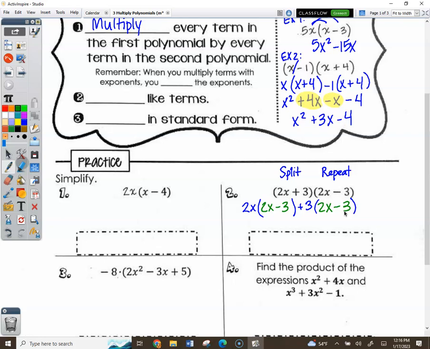If you do the box method, your box will be a 2 by 2. The first set of parentheses, 2x plus 3, goes down the side or the top, it doesn't matter. The other set goes across the other side. Then you multiply.